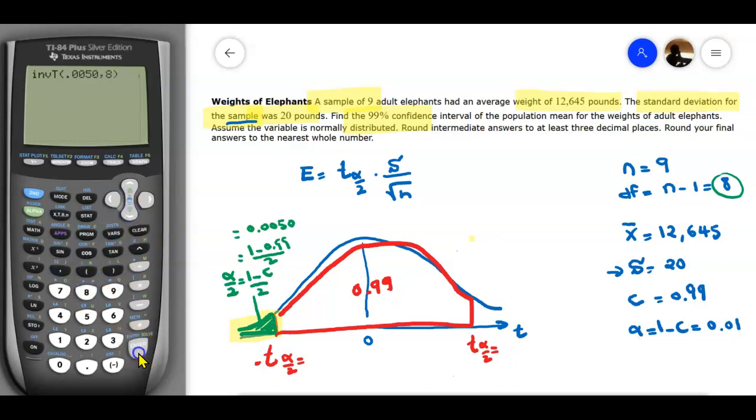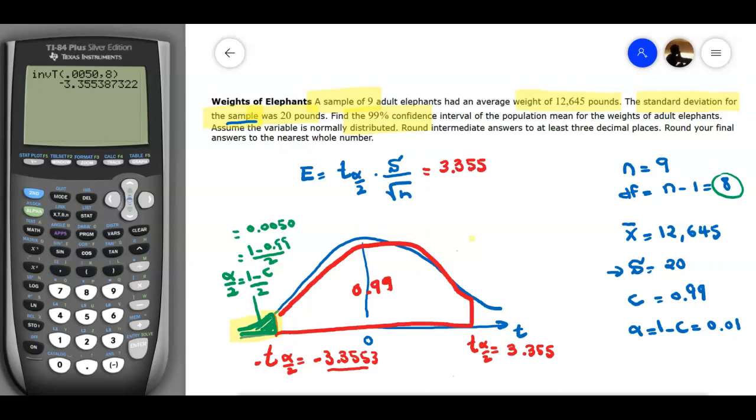I paste it, enter, and remember, this is going to be minus 3.3553. Remember that you want to round to 3 decimal places for the T value, so this is going to be 3.355.